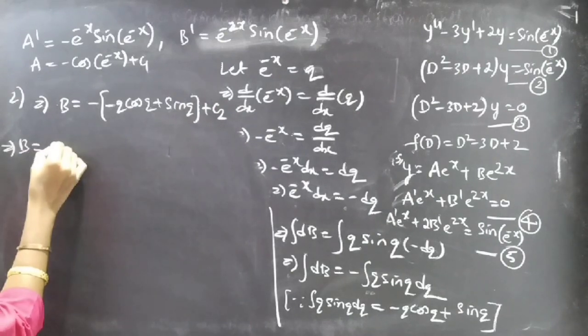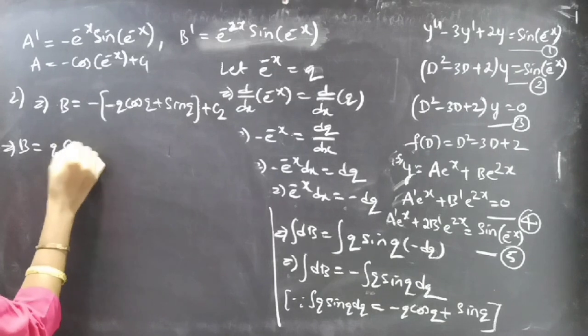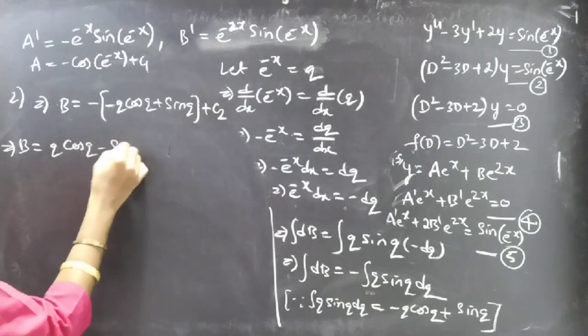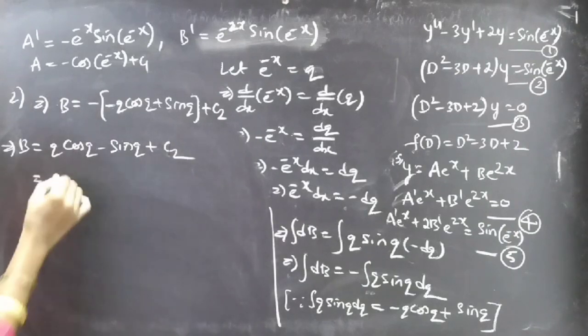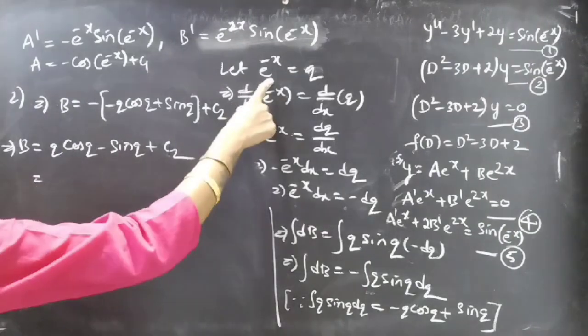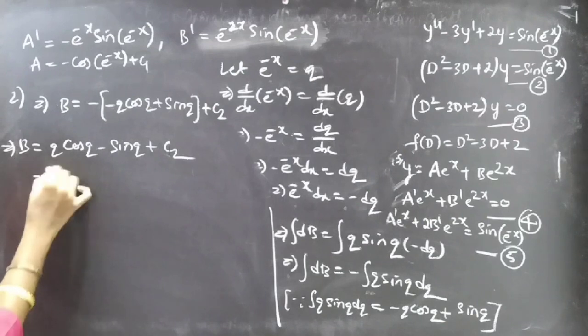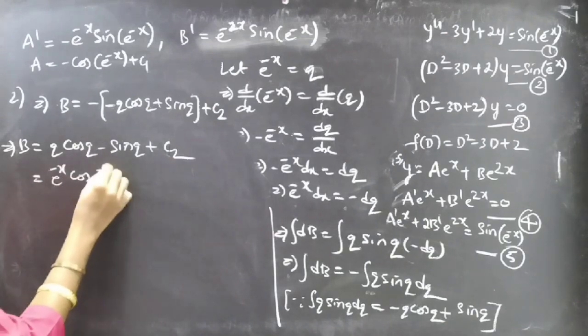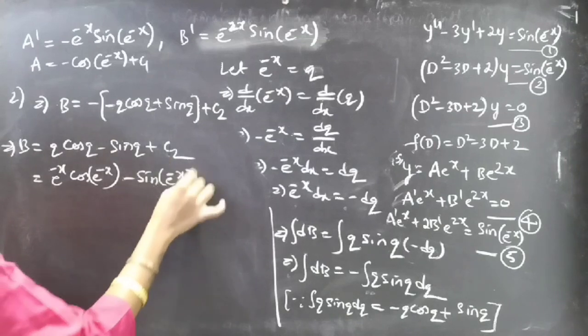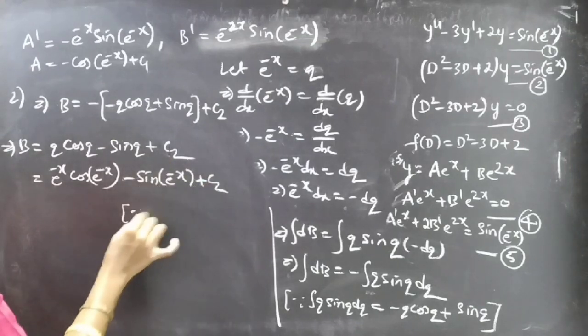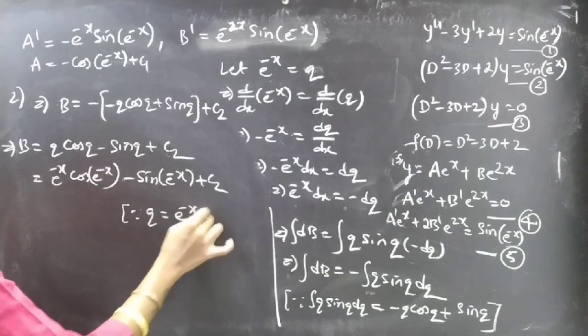This gives us minus into minus plus q cos q minus sine q plus c2, right? Now replace q by e power minus x. Then we'll get e power minus x cos e power minus x minus sine e power minus x plus c2, since q equal to e power minus x.